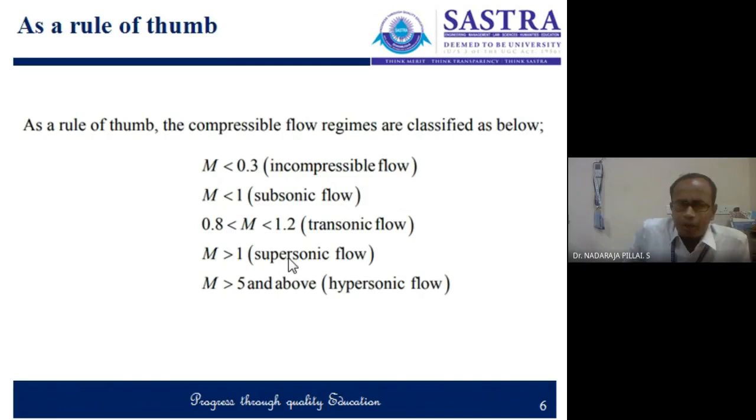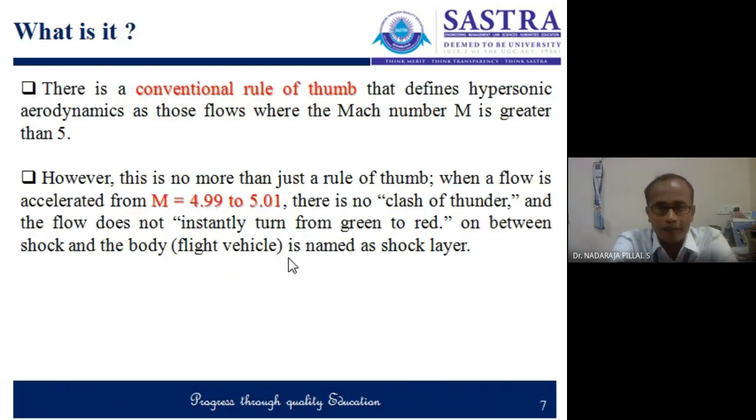Now, more than Mach number 5 or above, we consider by rule of thumb as hypersonic flow. So, greater than 5 is hypersonic. Now, there is a question. Why, sir? Why is more than 5 considered a hypersonic flow?